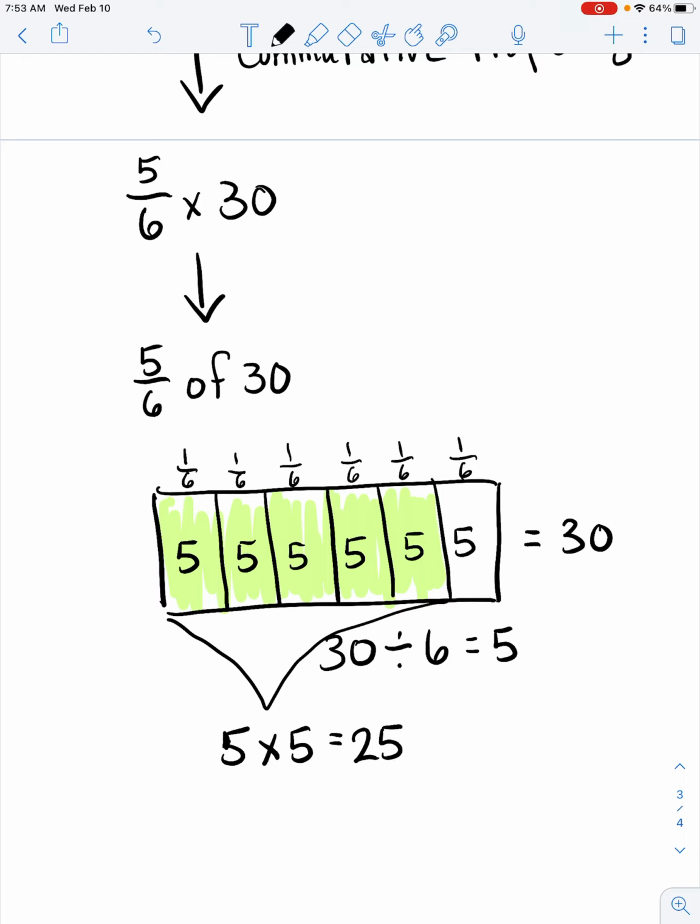And so I know that 5/6 times 30 is equal to 25. And that's how you use models to find a fraction of a number or to find the product of a fraction and a whole number.